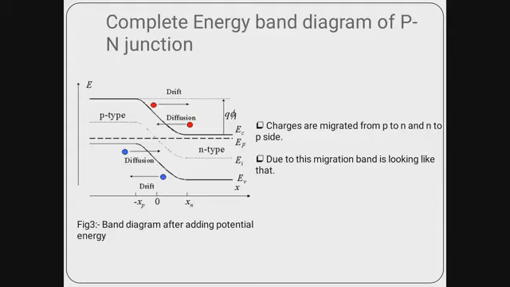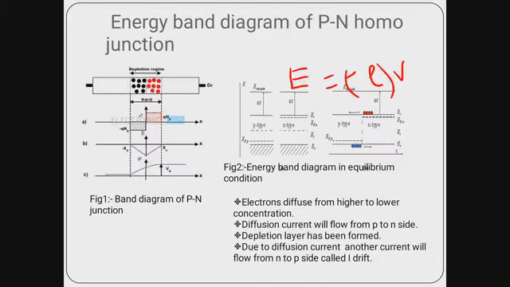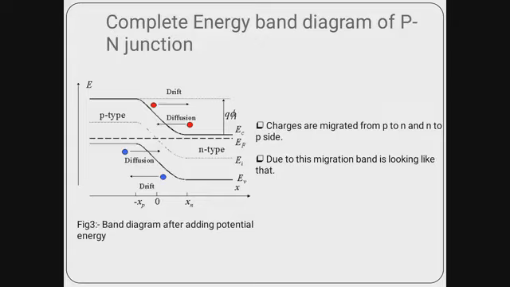In this diagram we have seen that when we add the potential energy, the band goes downward, bending, and we get a constant Fermi level or Fermi energy, which is denoted by EF.